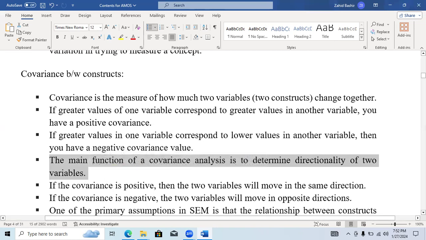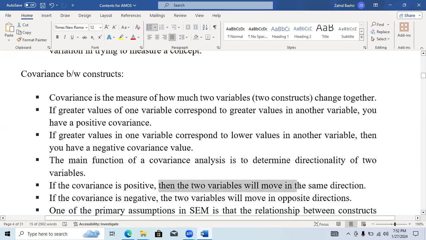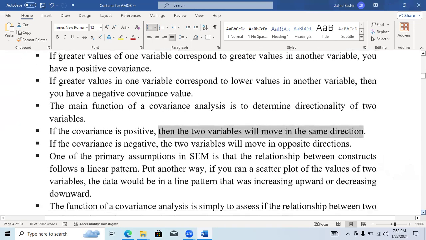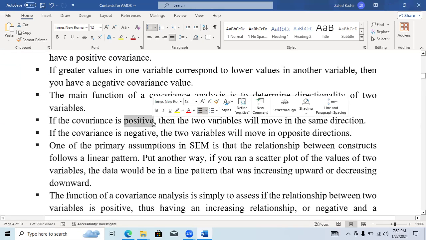If the covariance is positive, the two variables will move in the same direction. But if the covariance is negative, the two variables will move in opposite directions. One might be going upward and one might be going downward. But in the case of positive covariance, they are moving in the same direction.